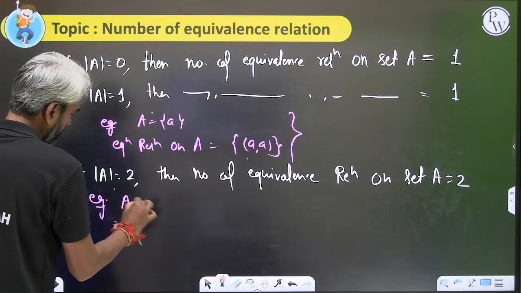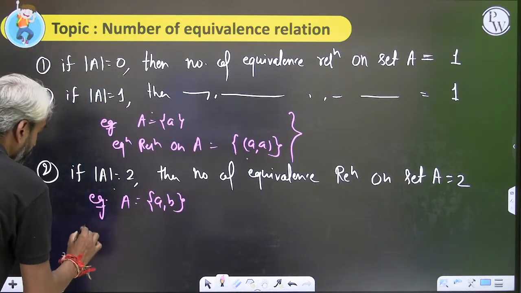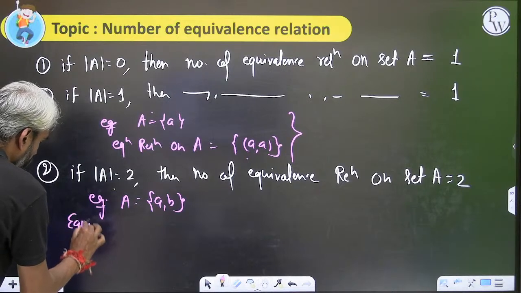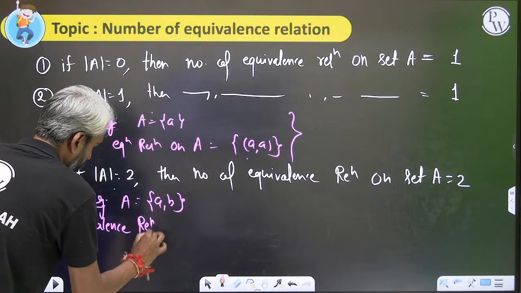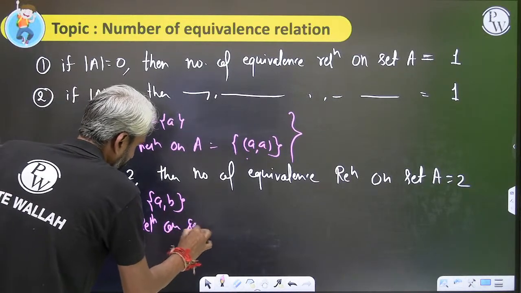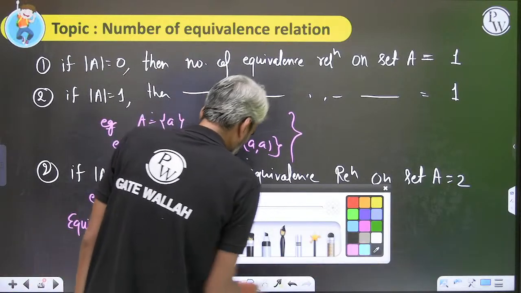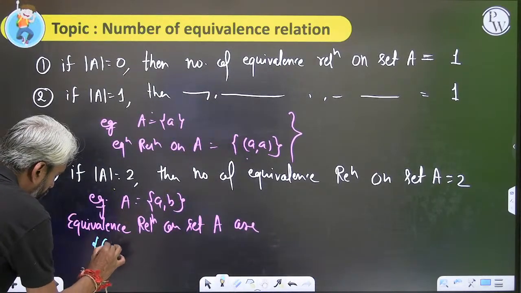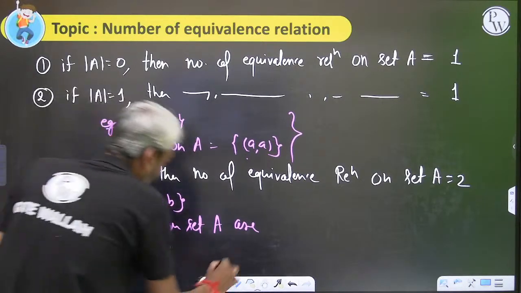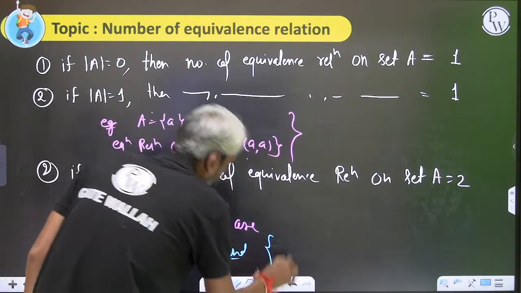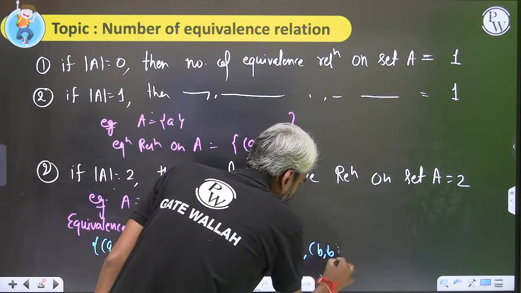Sir, if A equals {a, b}, what will be the equivalence relations on set A? So first one will be: only take ordered pair (a, a), ordered pair (b, b), and another will be take all the ordered pairs, that is take (a, a), (a, b).